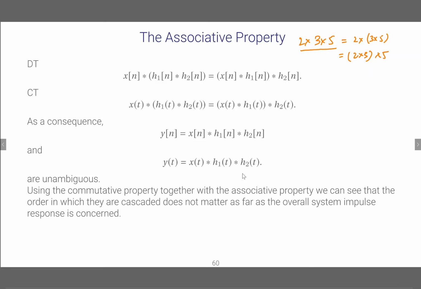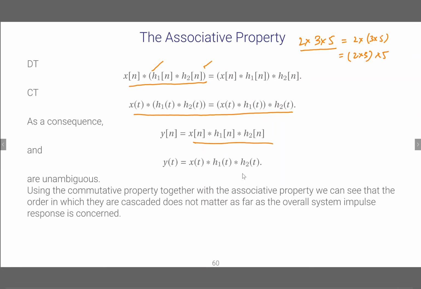So x[n] convolved with the quantity h1[n] convolved with h2[n] is equal to x[n] convolved with h1[n], then convolved with h2[n]. A similar relationship holds for continuous time. So as a consequence, we can just remove these parentheses and directly write this convolution.